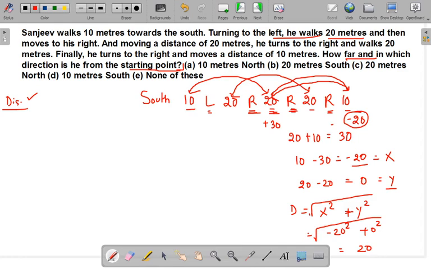Let us now find out the direction. He first goes south. So the direction of x will be south and the direction of y will be south plus the first turn, which is left. South plus left is east, but since the value of y is 0, this direction will vanish.